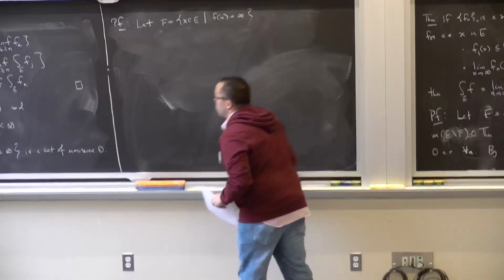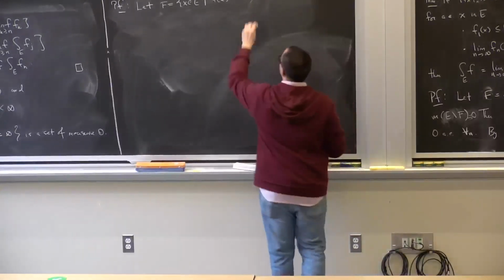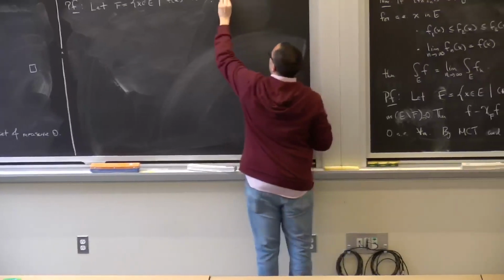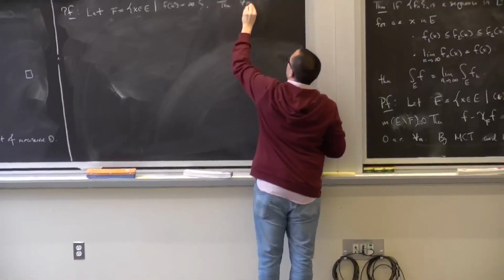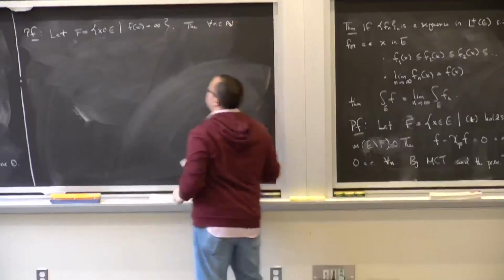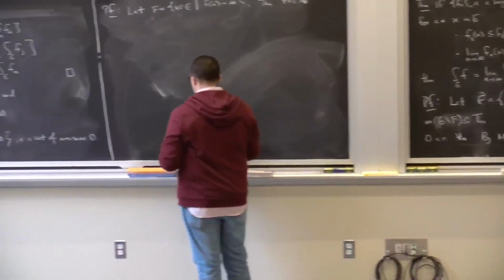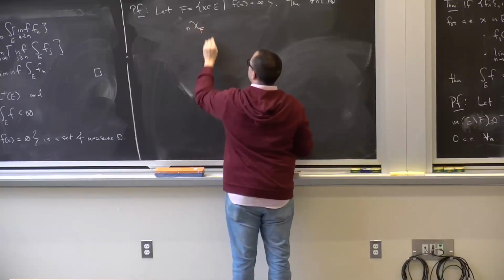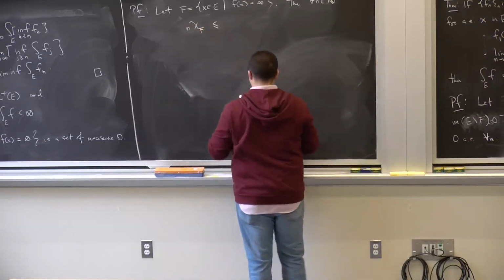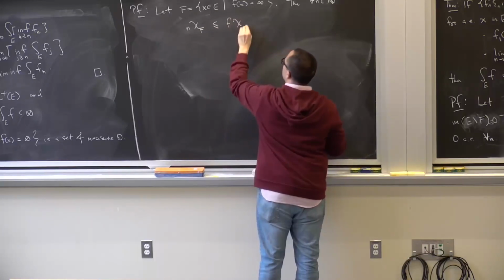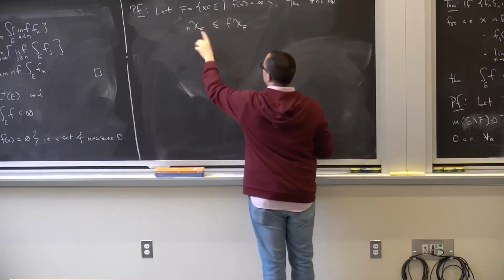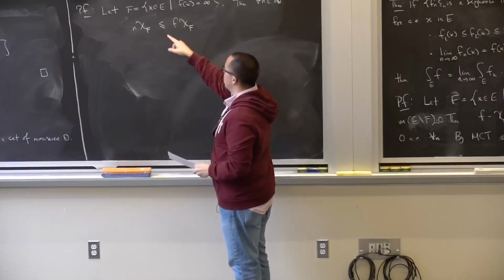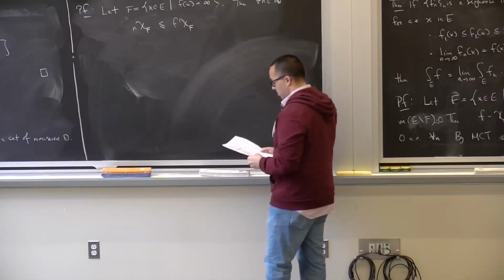So let's go with what's in my notes, that's a little more cautious. Then for all n, a natural number, n times chi F is less than or equal to f times chi F, where this is the indicator function of capital F, right? Because f on capital F is just infinite, so this always holds, right?